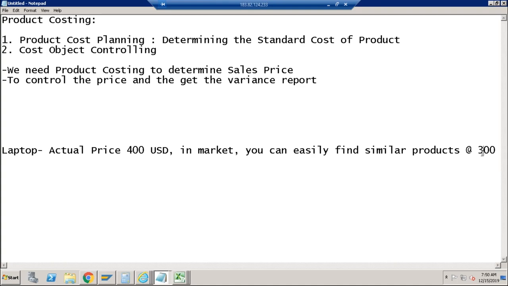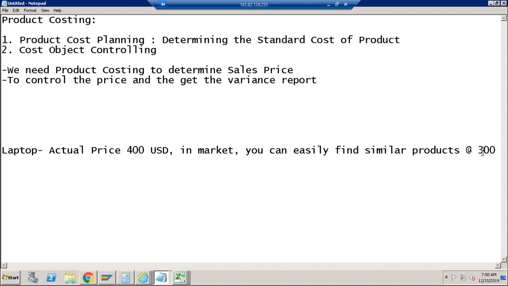Maybe not the finished product, maybe the raw material. So if you are planning to make the screen and the keyboard of your laptop also, you have to verify which material takes more cost to manufacture rather than buying it from outside, so that I can buy, I can assemble, and I can sell.